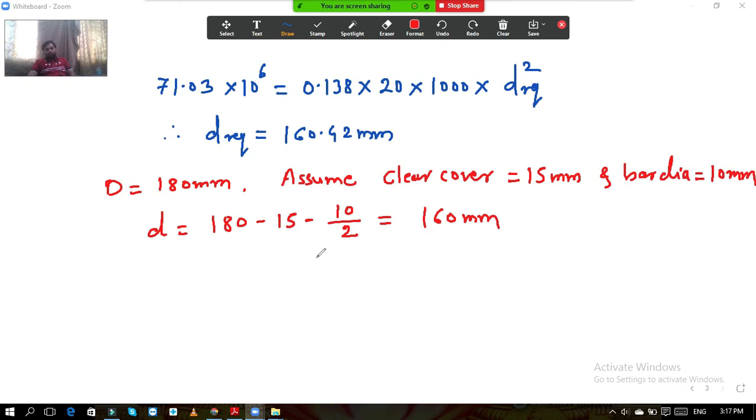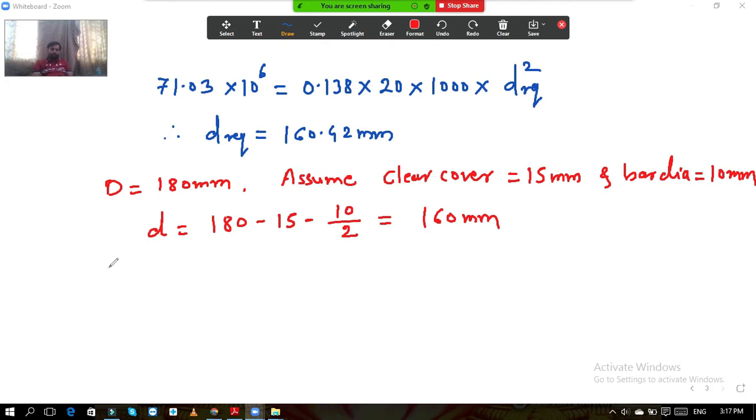So now what we will do, we will keep the depth as it is, almost equal. Or otherwise you can go for an increase of 10 mm. If you increase the depth by 10 mm, that is your effective depth, then your overall depth also gets increased, and you have to redo the calculation of load.